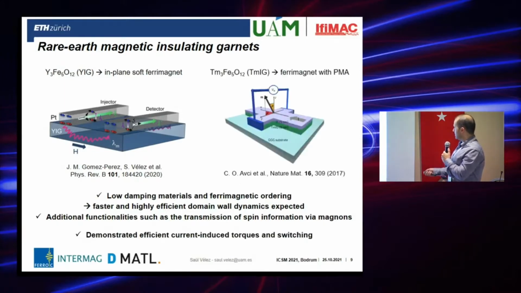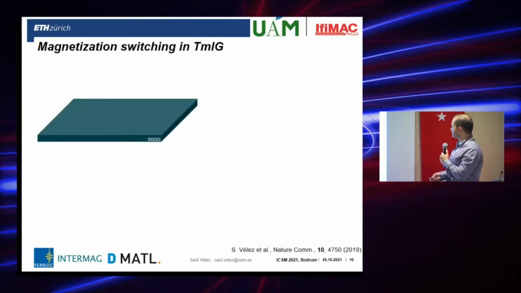It has also been shown that you can exert large torques in materials like thulium iron garnet, which exhibits perpendicular magnetic anisotropy. As we said, we would like to have perpendicular magnetic anisotropy, and we can exert torques and actually switch the magnetization. So this could be a good candidate for driving domain walls, because these materials you can grow as single crystal-like, and then you have a much smaller concentration of defects in the system, so you could eventually get much higher velocities.